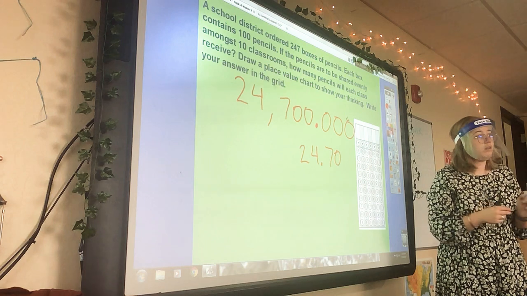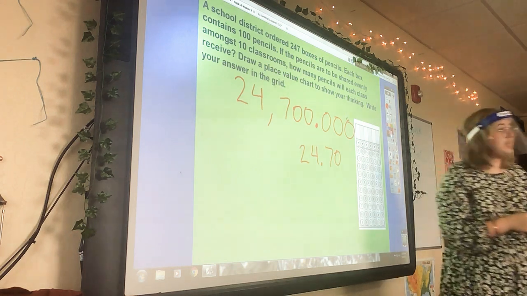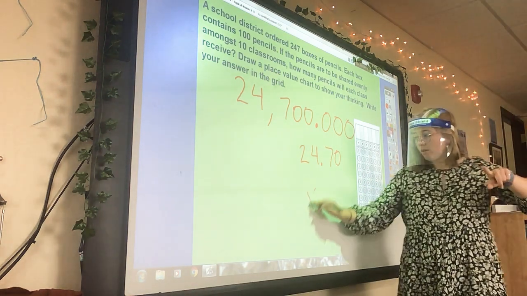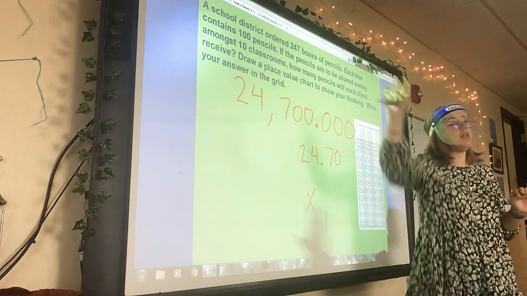But that's what I did and I got a decimal. Where did you put the decimal? That means you moved to the right. You moved this way instead of this way. We multiplied, so it got bigger, which means it moved to the left. Whenever you see multiplication, this symbol, we're moving to the left.